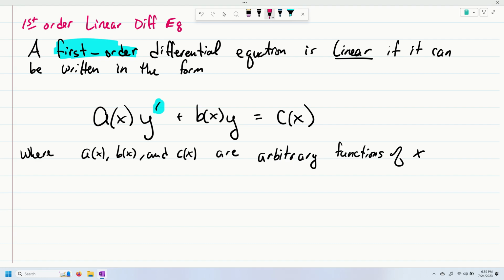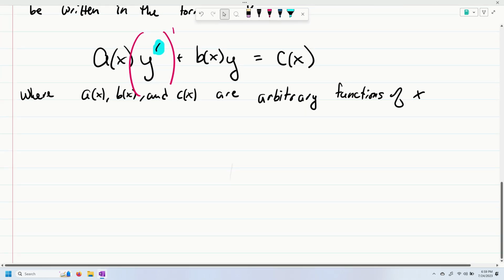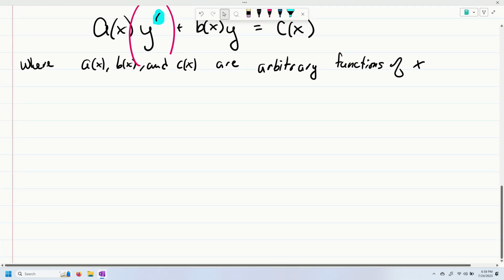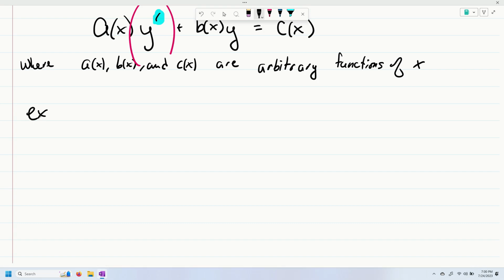This is going to look weird initially, but I'm going to show you. What makes this linear is the fact that this differential, y prime, is raised to the first power. Now, there are all different types of examples of linear first order differential equations. So here are some examples.